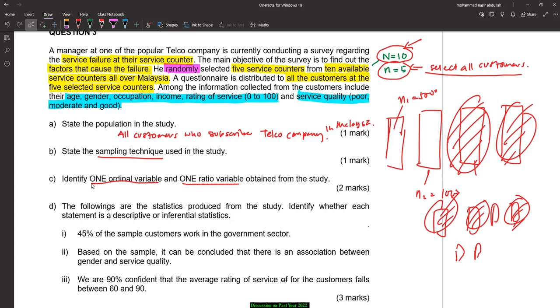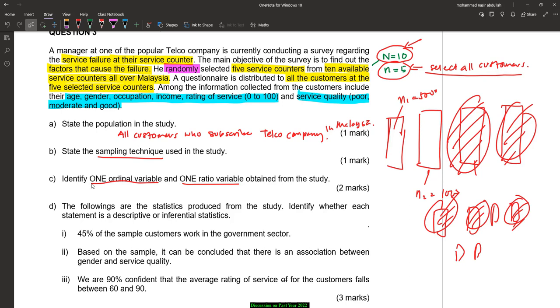So Arif, which one is categorical variable? Boleh ulang balik tak, sir? Which one is categorical variable for nominal, ordinal, interval or ratio? Yang categorical ni service quality kan?